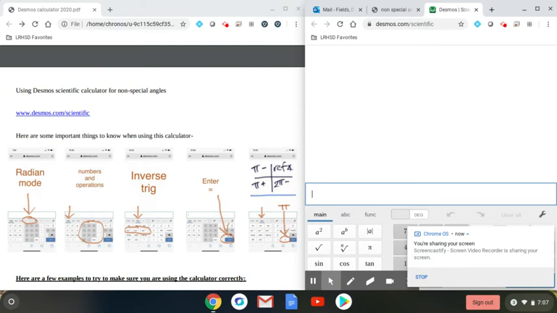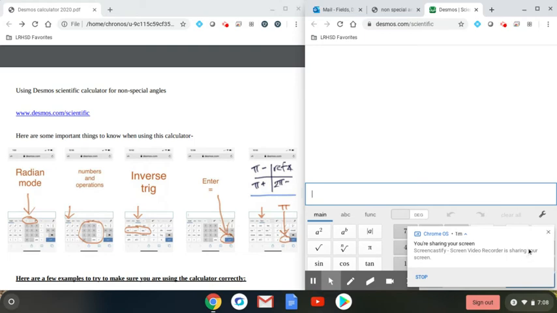If you remember, what we left off with last week was solving trig equations, and at the very end of those we had to find the angle of those special angles and figure out what quadrants they're in. We're not going to do any trig equations today. Today's going to be more of a review when we start to see non-special angles.